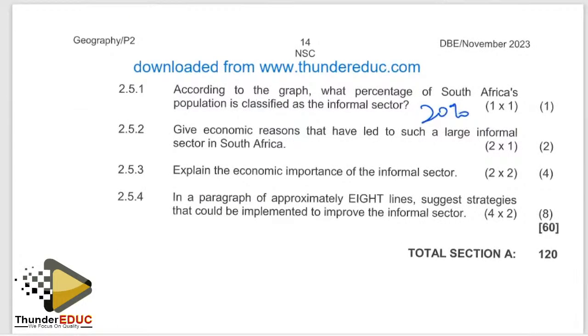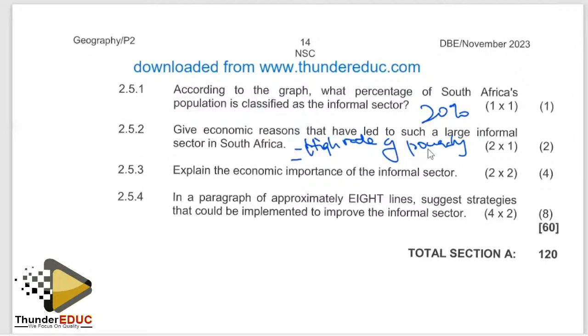And they say, give economic reasons that have led to such a large informal sector. Number one, high rate of poverty. Because they say, if it wasn't there, very many people are going to be living below the poverty line. So poverty is too high in this country, in South Africa. That's why the informal sectors are also too many.